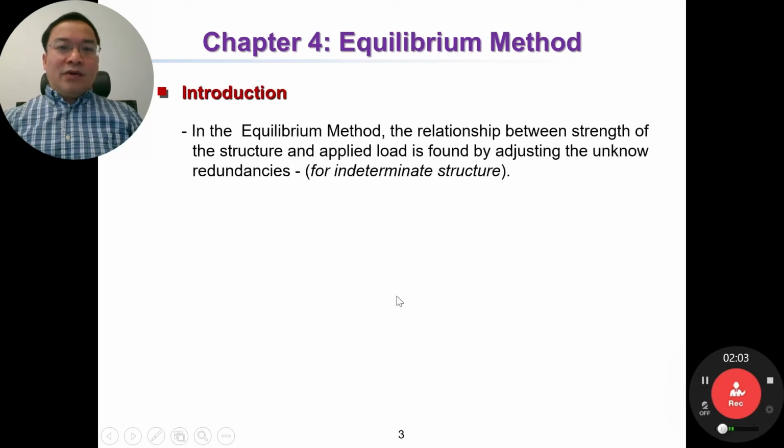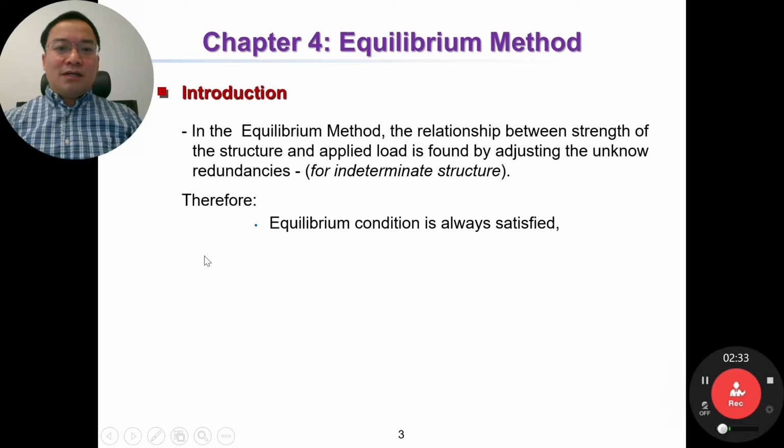In the equilibrium method, the relationship between the strength of the structure and the applied load is found by adjusting the unknown redundants. It is for indeterminate structures, right?